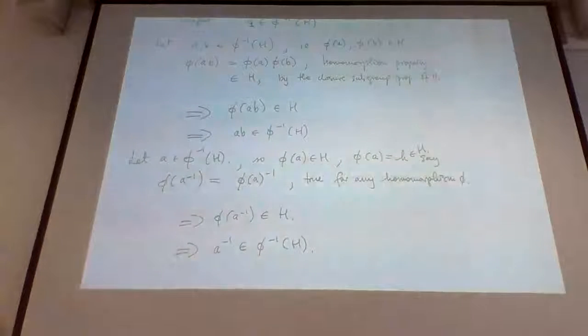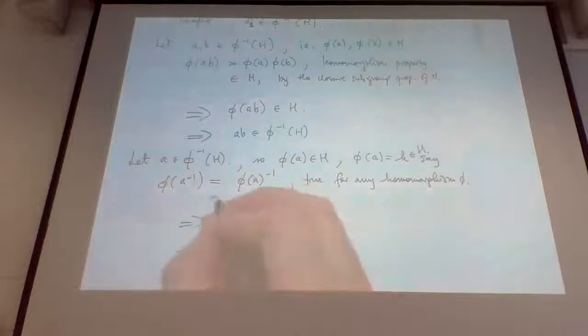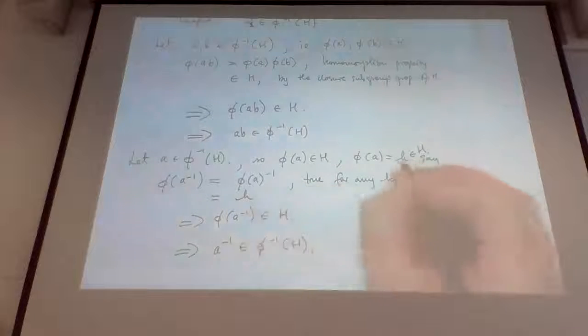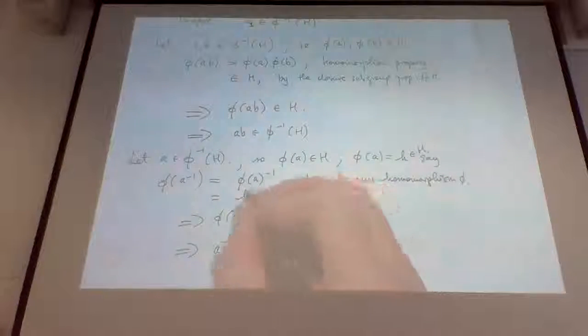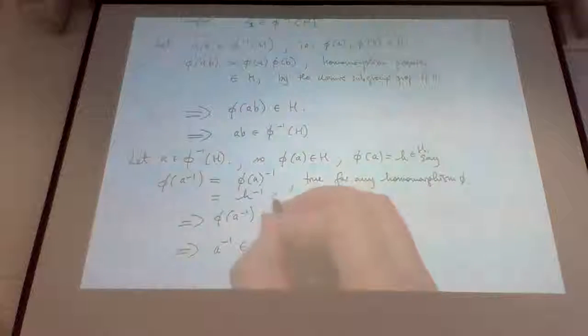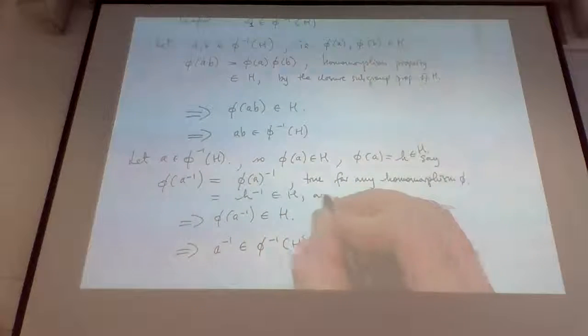It's an immediate consequence of the homomorphism. We've already declared phi of A as h, so phi of A inverse, the inverse of phi of A, is h inverse, which is certainly an element of H, as H is a subgroup.